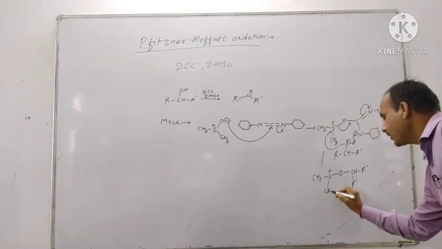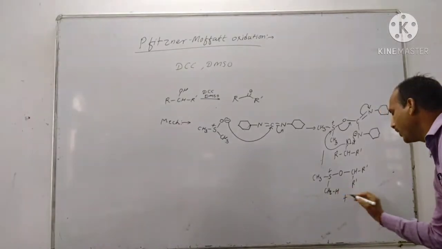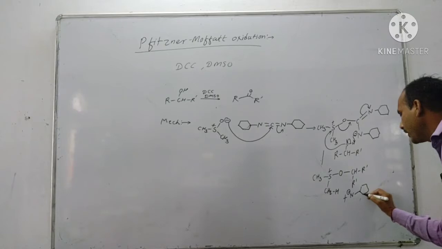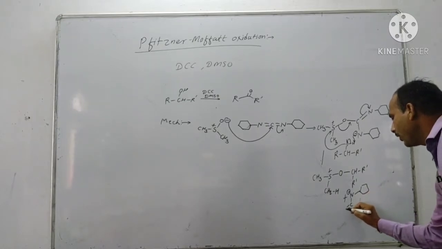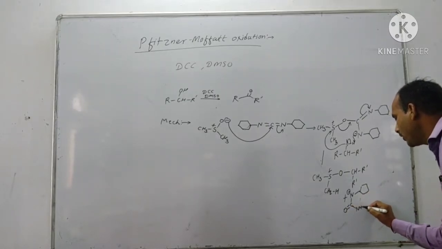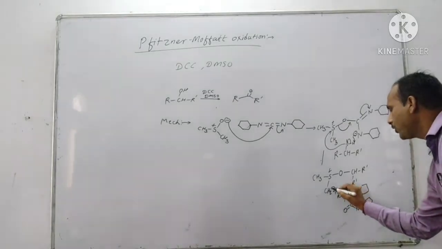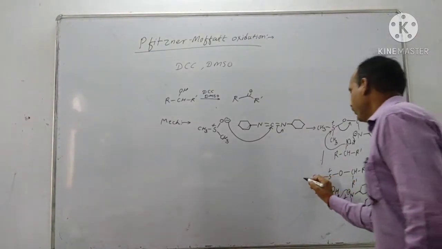That nitrogen takes the proton from this carbon, so N minus cyclohexylene C double bond O and H cyclohexyl. This N minus takes the proton, there is formation of CH2.